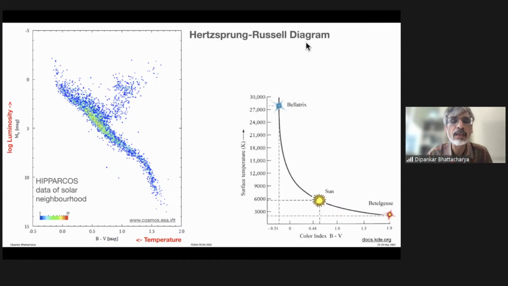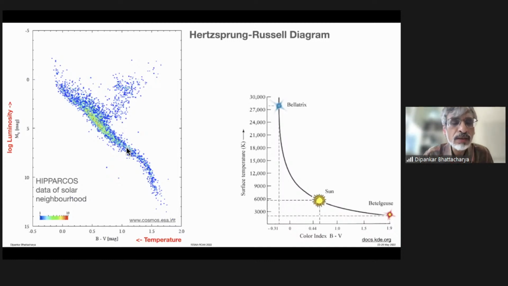This is one of the key diagrams which help us study the evolution of the stars. So most of the stars we see are located in this narrow band over here, going from the lowest temperatures to the highest temperatures among the objects seen, as well as from the lowest luminosities we see to the highest luminosity we see. But it's just confined to a diagonal line.